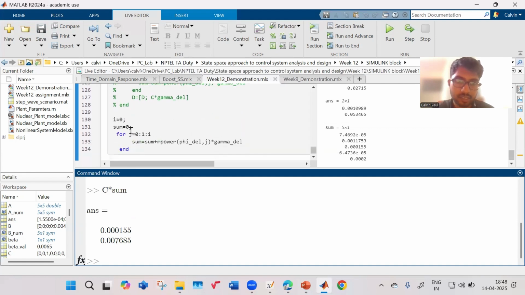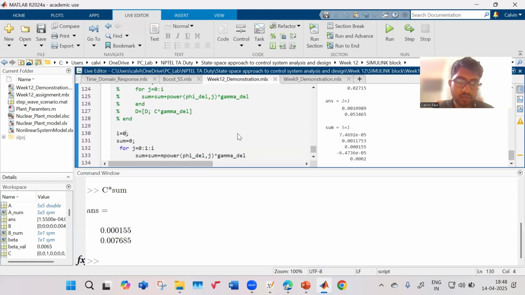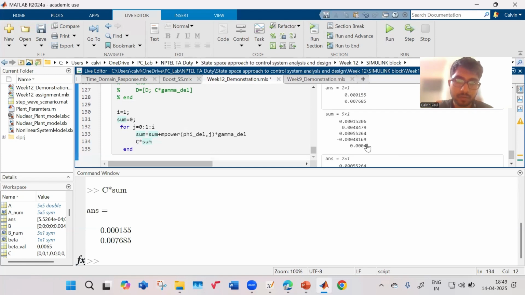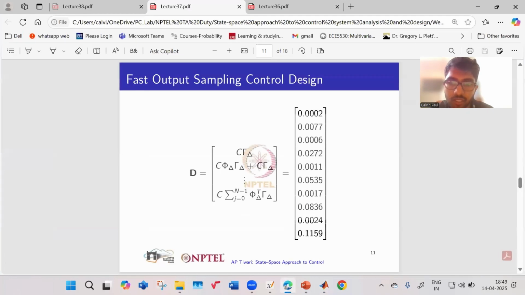Okay, let me run this now. Let us say I is 1. With 0.0155, 0.07865. So which is here 0.001520, 0.0048.